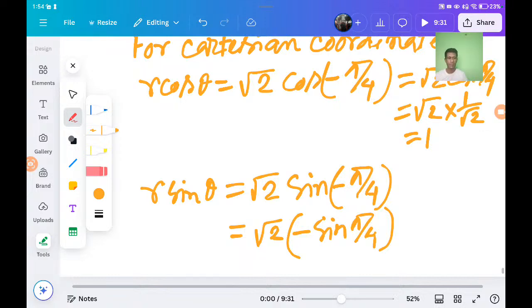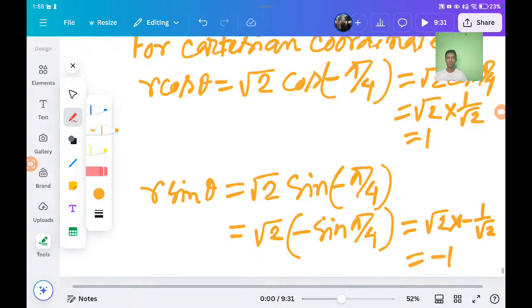So root 2 into minus 1 divided by root 2, because sine pi by 4 equals 1 divided by root 2. Finally we are getting minus 1.